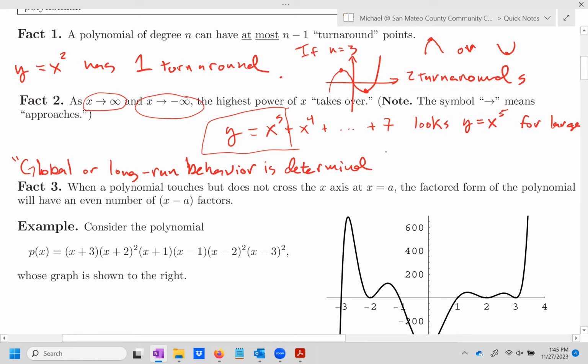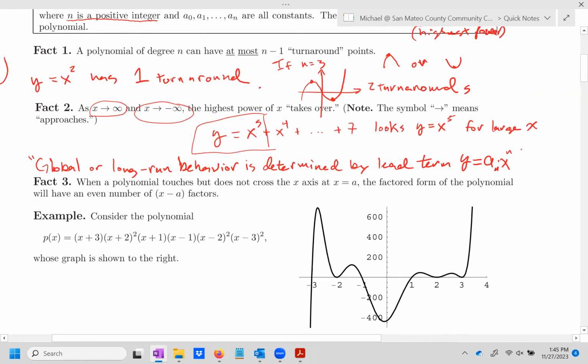Wait, is that how you spell it? Determined by the lead term. And that's y equals a sub n times x to the n. It looks like a power function. That's why we talked about power functions, and now we're talking about polynomials, because from far away, any polynomial looks like a power function. That's it. Okay?